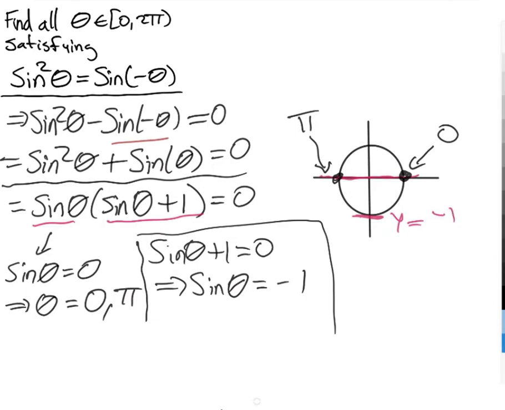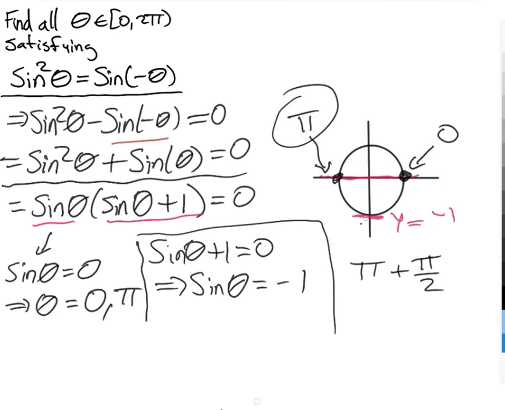So now we have to figure out what angle will put us here. We know that a half rotation is pi radians. Pi radians puts us up here. From there, we want to go another half rotation down. So what we want is pi radians, our starting point, plus a half pi rotation from that location.